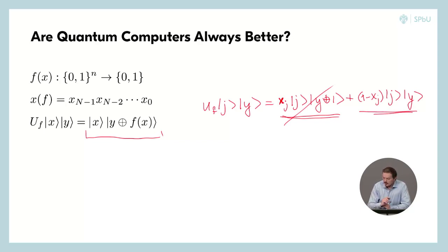Now we can notice that if we apply the oracle Uf t times, then any of these basis vectors will have a polynomial of power t in these xj's with different indices before each state vector.